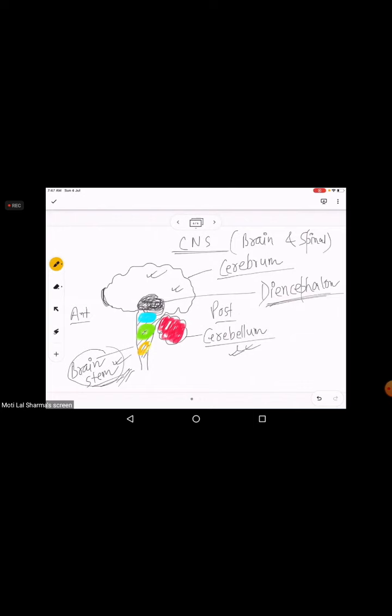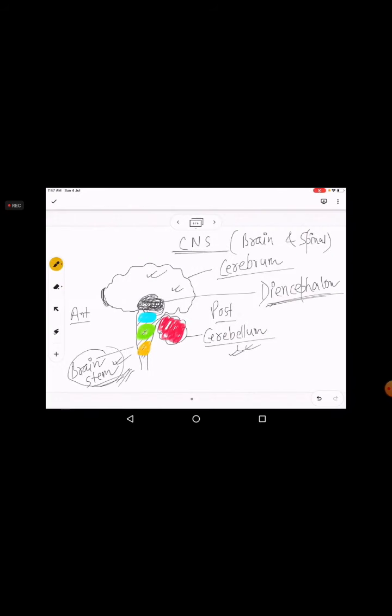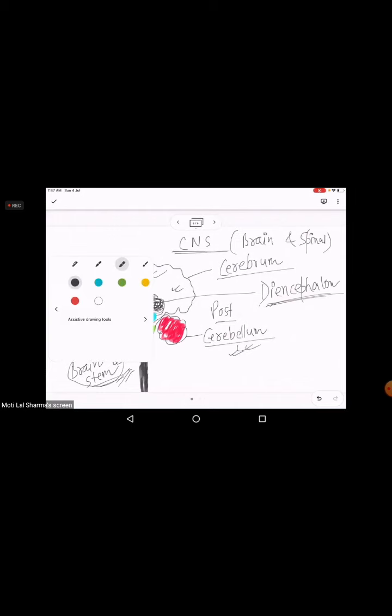The lower part, this black part that I have shown, is the spinal cord. So actually, the brain continues downward as the spinal cord. The three colored parts of this brainstem have different names.